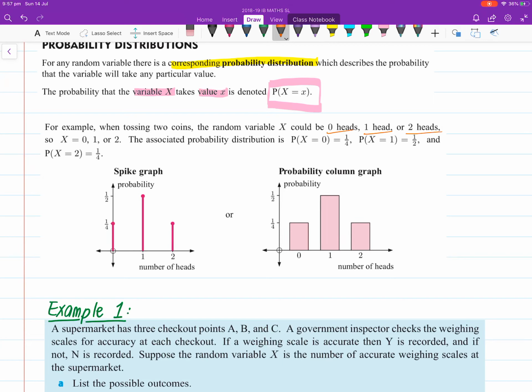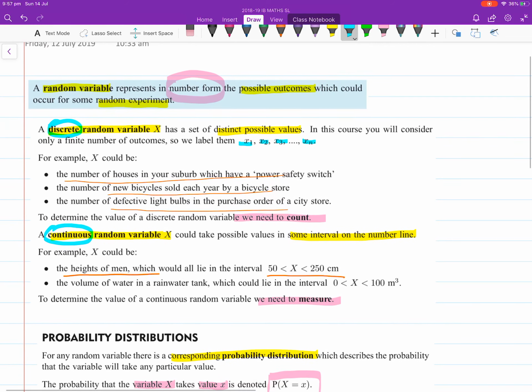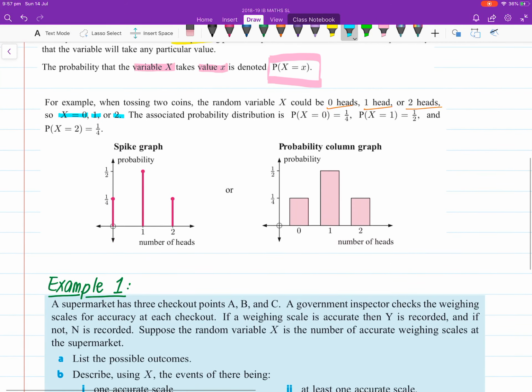So capital X could be, I'll highlight in blue here, 0, 1, or 2. So the event is heads, but remember we now express it in number form. So the possible outcomes are 0, 1, and 2. Okay, it represents heads, but we do it with just numerical now.